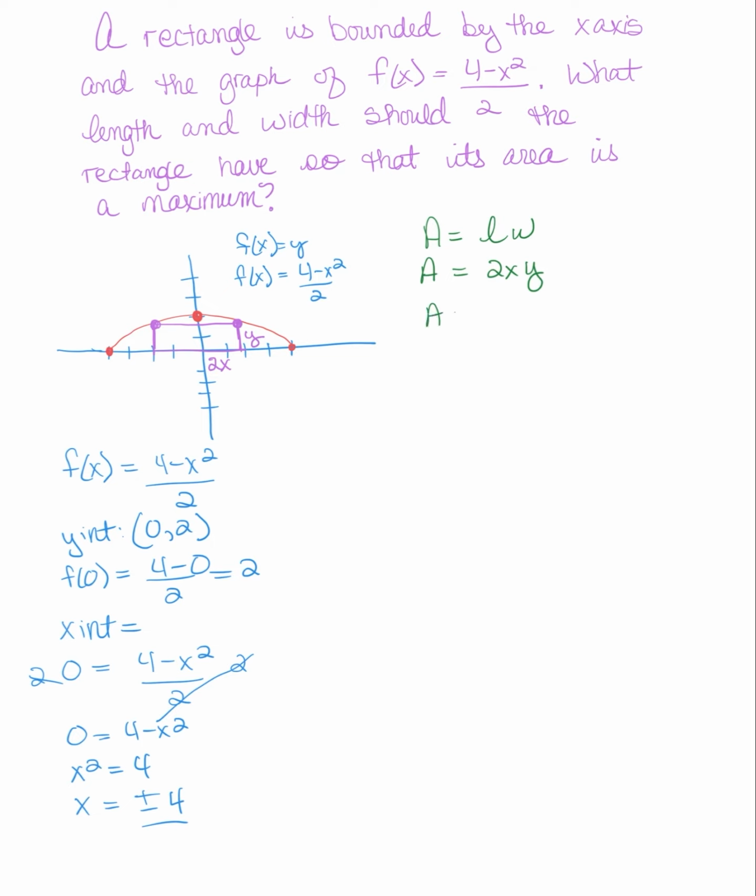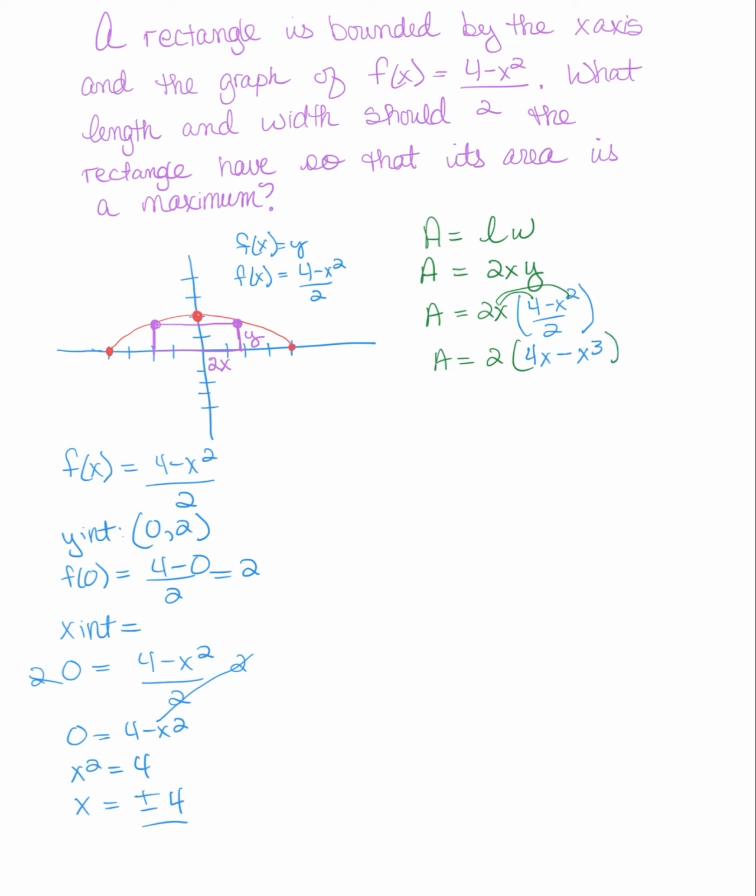We have area equals 2x times 4 minus x squared divided by 2. And I'm going to do the same thing that I did before. I'm going to distribute this x. And so I have a 2, and then I'm going to have a 4x minus x cubed.